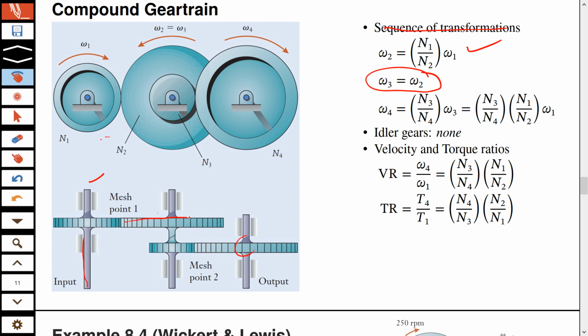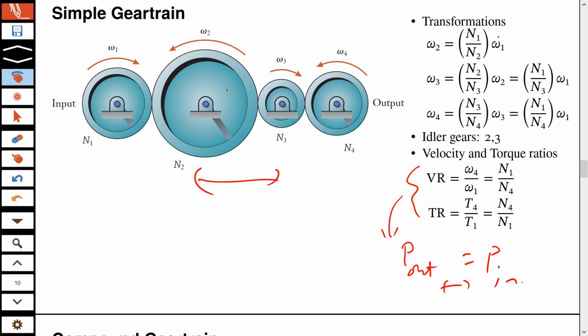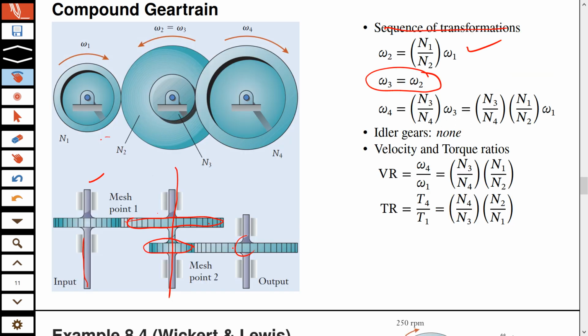Although these teeth are more than these teeth, when we were calculating these ratios it worked because there were different shafts. When there were different shafts, this meshing forced that ratio. Now they are on top of each other, so both these gears must be moving at the same speed.